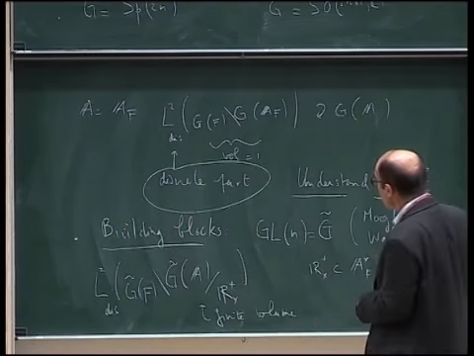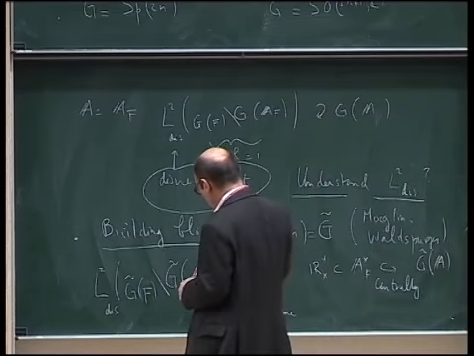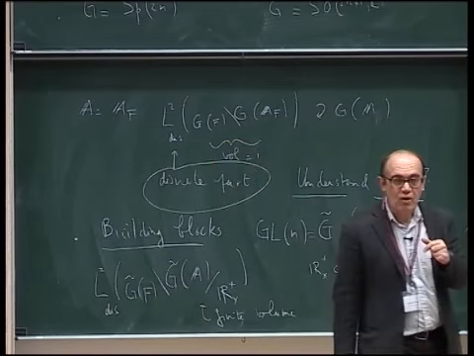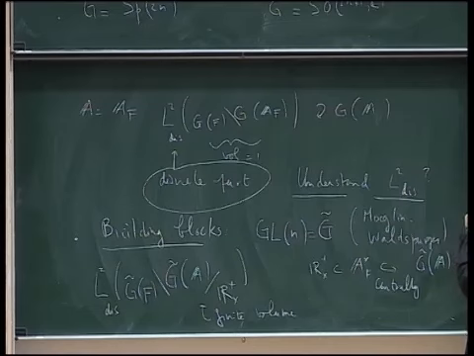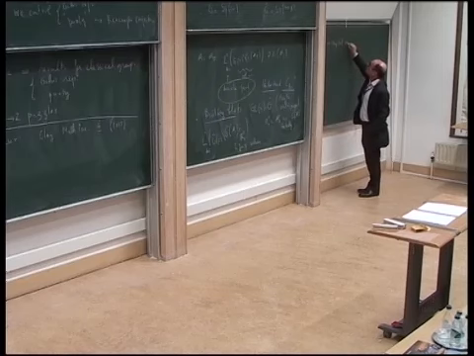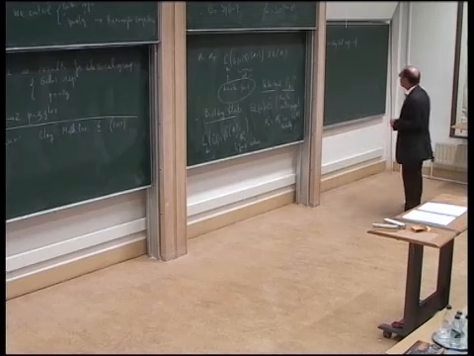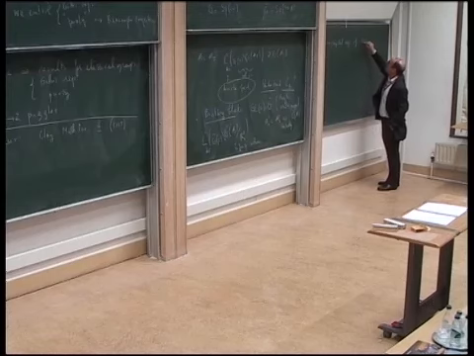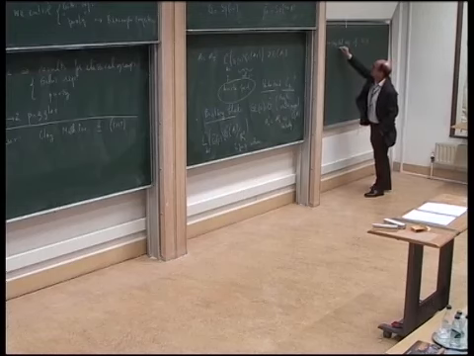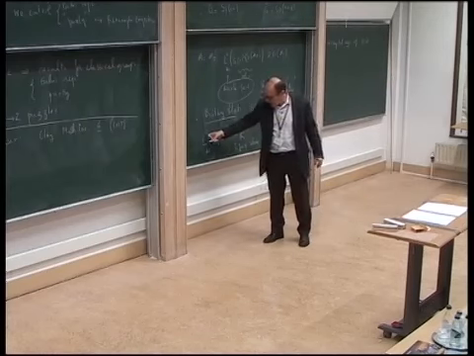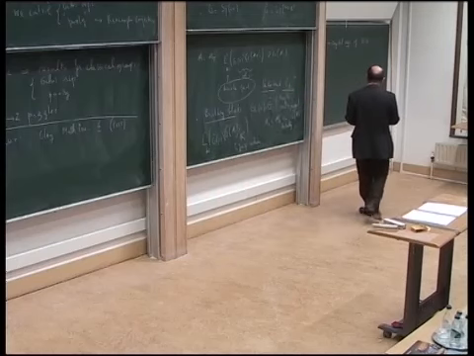But in fact, the building blocks are not all the representations in the discrete spectrum, which are already complicated. The building blocks are the cuspidal representations of our group GL(n). So if you take this space of L2 forms, there is a space of cusp forms.